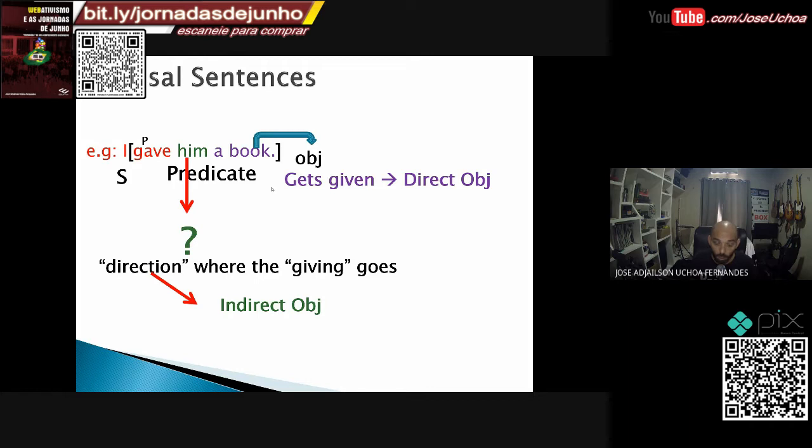It's not because of the absence of the preposition that I can say that it's a direct object. It's not, because it's the direction where the giving goes. And that's why Mateus was very smart to change the sentence to say, I gave a book to him. And then the preposition kind of appears. Okay. It is revealed.